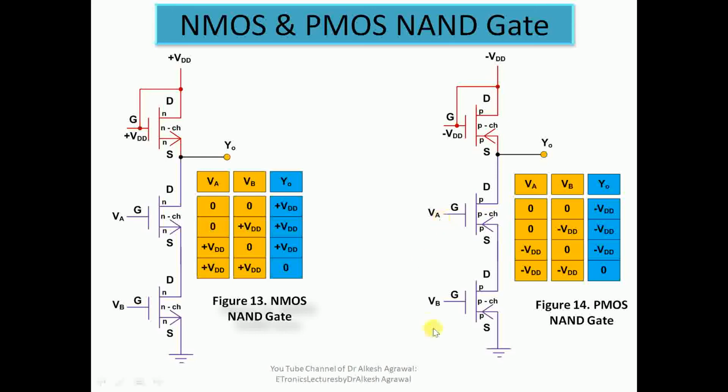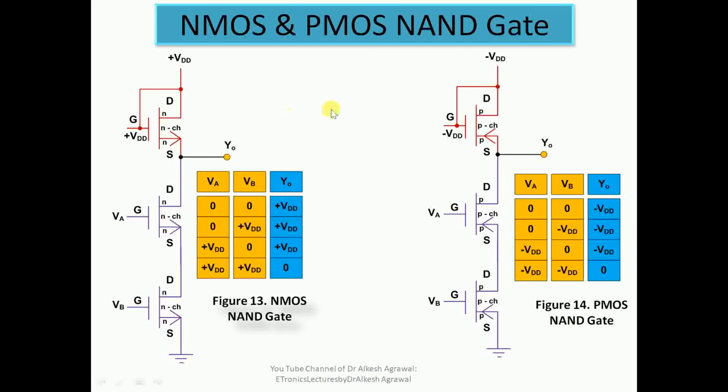But when VA and VB are both given high logic in terms of minus VDD and minus VDD, both transistors will go in on state, and the output is pulled down to ground. So when we give VA minus VDD and VB minus VDD, we get a low logic, because in that case both transistors will be on and the output is pulled down to ground.